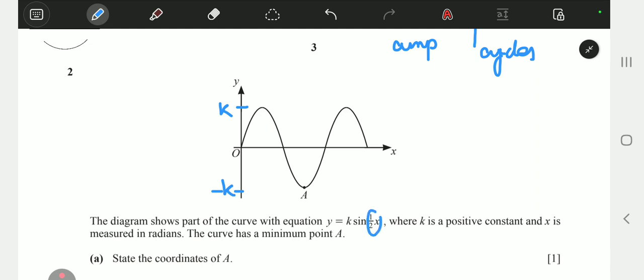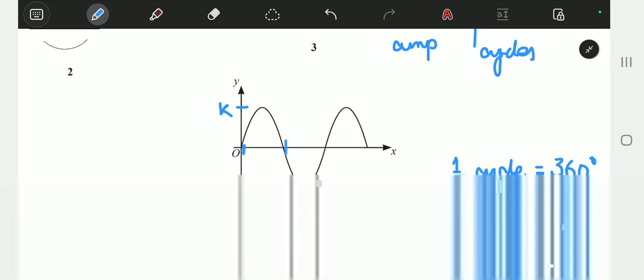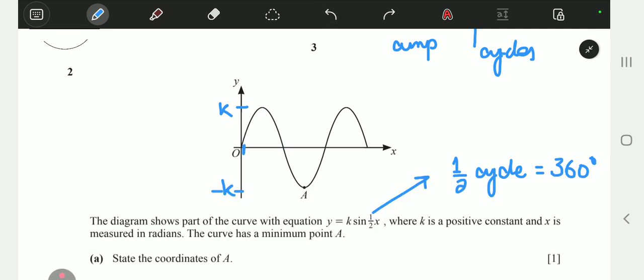Then, what does this half represent? This half represents the frequency, the number of cycles, so half the cycle will be in your 360 degrees range. So what will be your full cycle? Your full complete cycle would be 720.